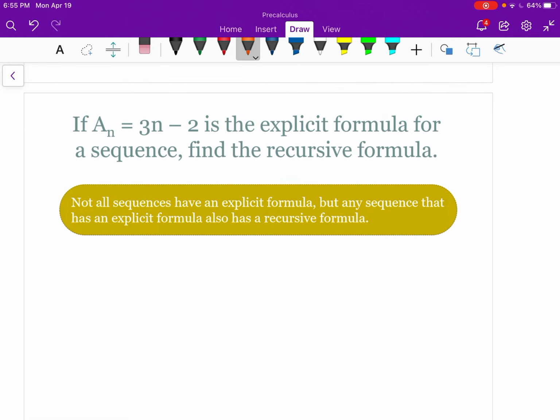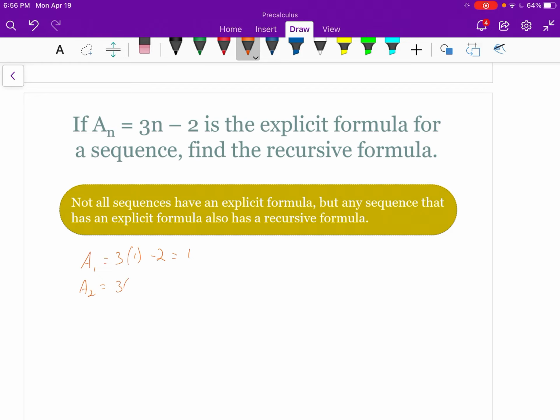All right. 3n minus 2 is the explicit formula for a sequence. Find the recursive formula. So what I'm going to do is I'm going to find the first few terms and see if I can use that to help us find a recursive formula. So plugging in 1. 3 times 1 minus 2 is 1.